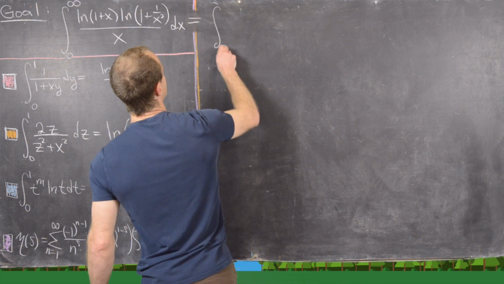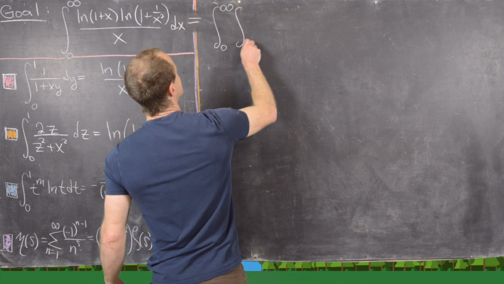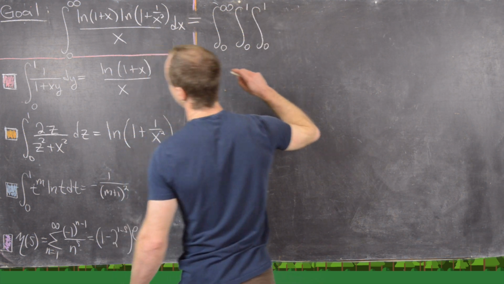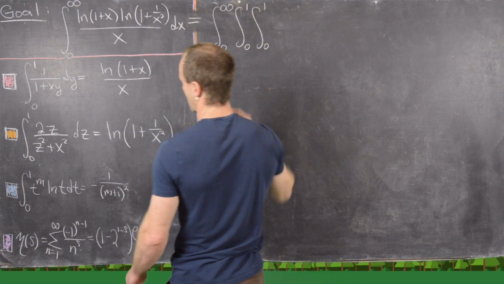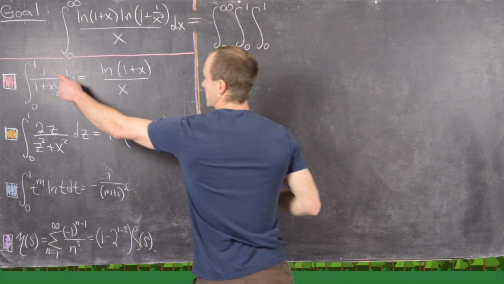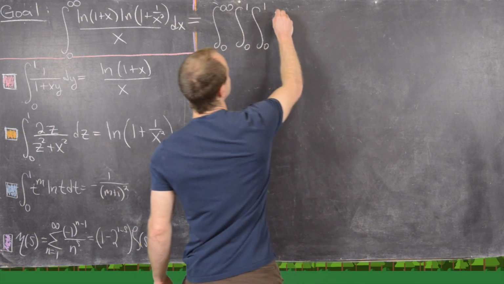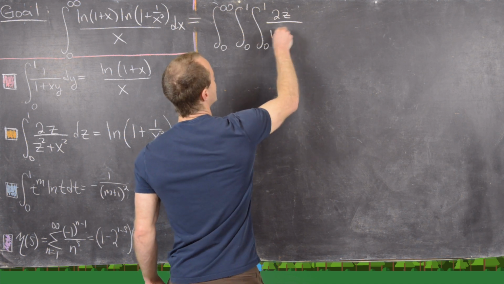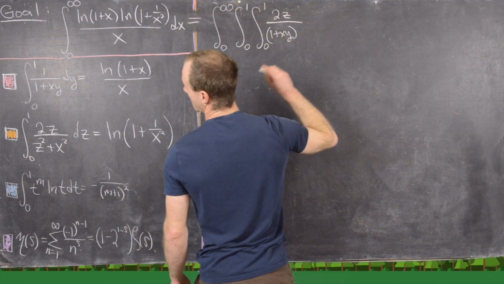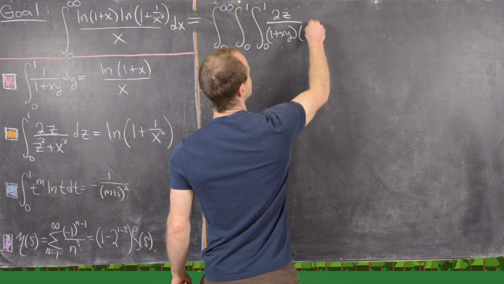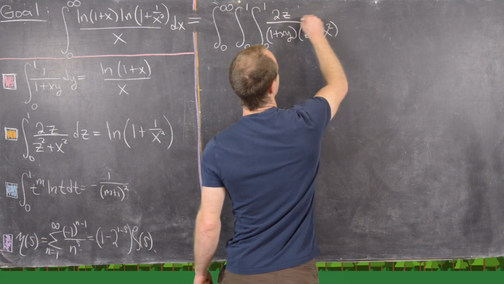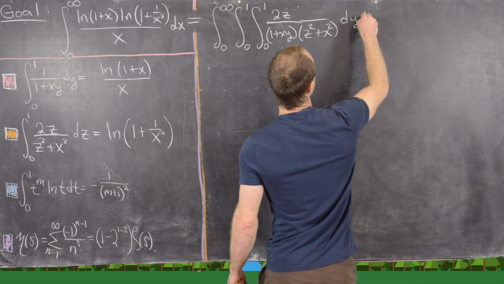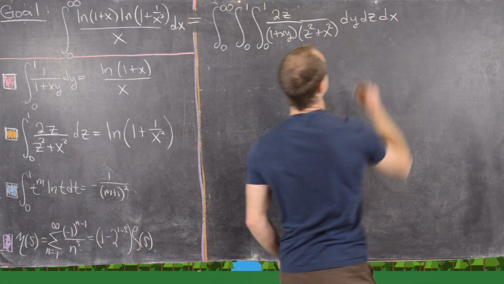So we'll have the integral from 0 to infinity, 0 to 1, and then another integral from 0 to 1 of, now it looks like the integral of this times this. So that's going to give us 2z over 1 plus xy, and then z squared plus x squared. And then let's get the order right. So this is going to be dy, dz, dx.